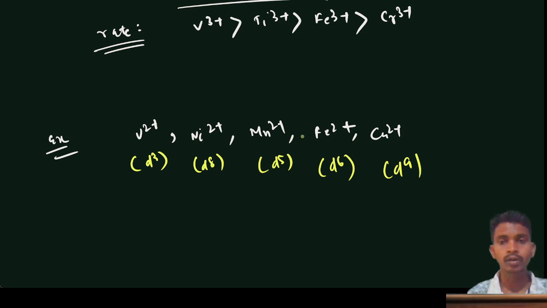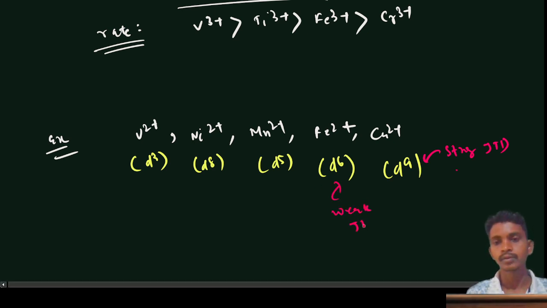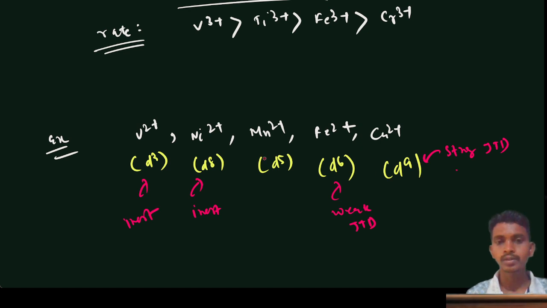Copper gives a strong JTD, so it is highly labile, and ferrous has a weak JTD, which we already discussed, so it is also labile. Vanadium is inert, nickel is also inert, as we discussed, and manganese is in between.